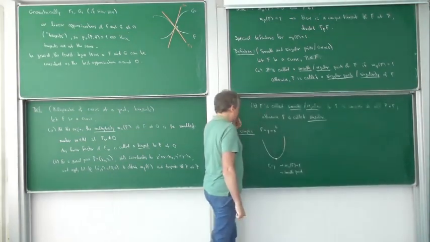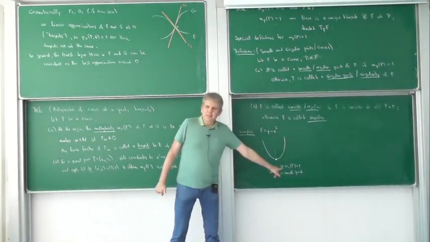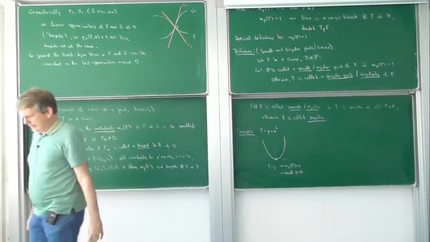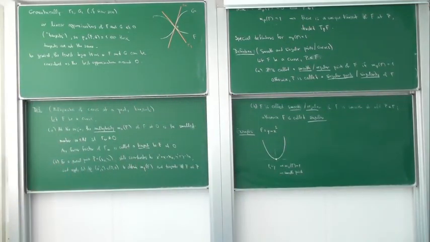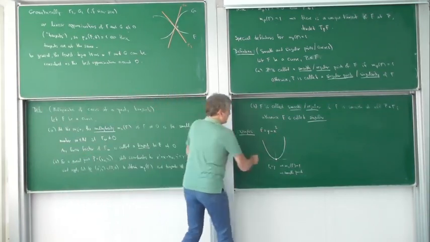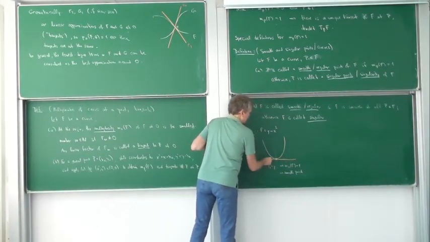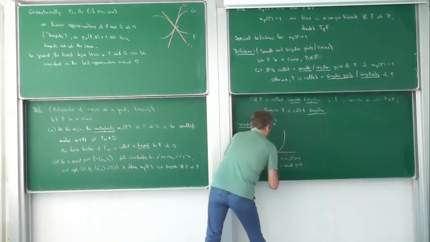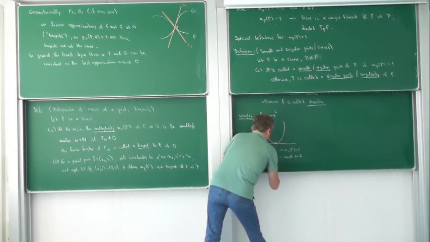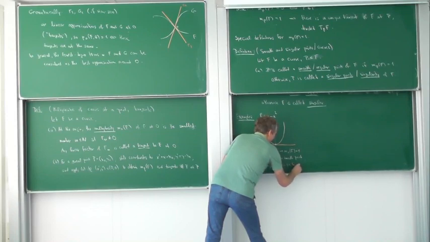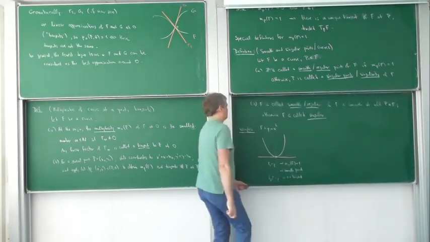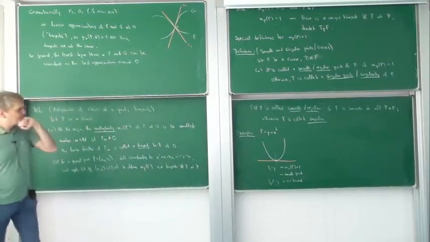Multiplicity is 1, and hence this is a linear polynomial, and that is a unique tangent, and we call this the tangent to the curve. And y is just this thing here. It's the linear approximation. So that means d_p f is y, the unique tangent. So that would be a first example.